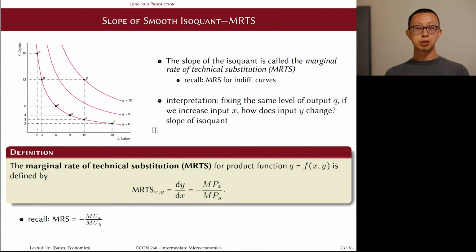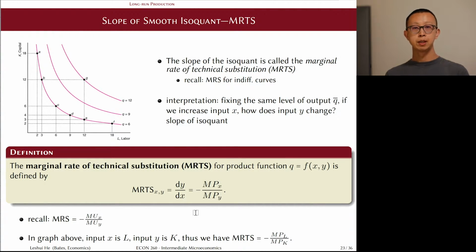The mathematical expression for the MRTS is defined as the marginal product of the input on the x-axis divided by the marginal product of the input on the y-axis, with a negative sign in front. Again, exactly the same idea as marginal rate of substitution. The derivation is also mathematically equivalent with some very small changes in the notation.